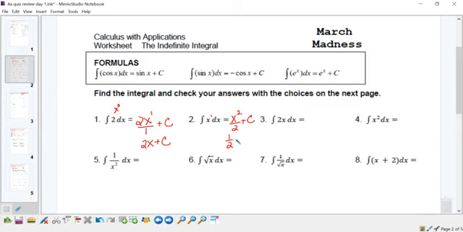You could also write this as 1/2 x squared. Number 3, add 1 to the power, divide by the new power. The 2's divide. Add 1 to the power, divide by the new power. You could also make this 1/3 x cubed plus c.